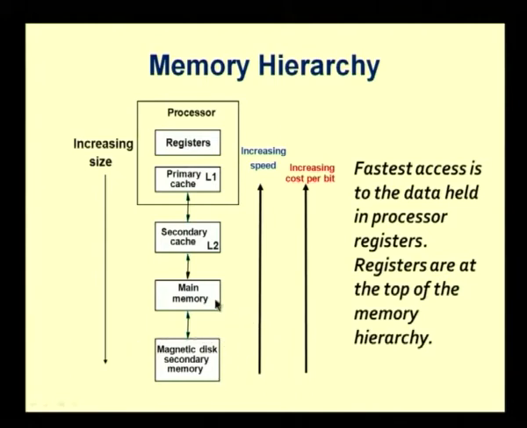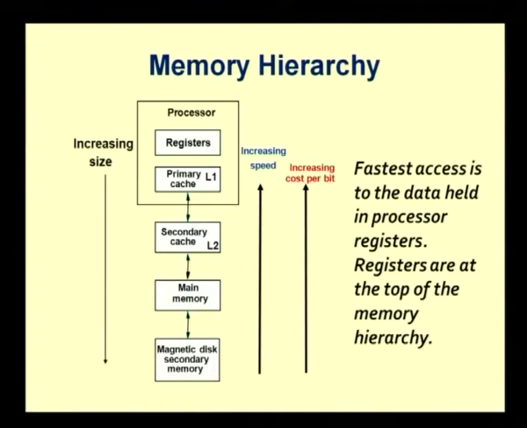Okay. If we look at the size of these different types of memory devices, registers obviously are small ones. Typically we talk about 32-bit registers or 64-bit registers and so on, and the number of registers may be limited or it may be fairly large, but typically not more than say 512 registers or 1000 registers.